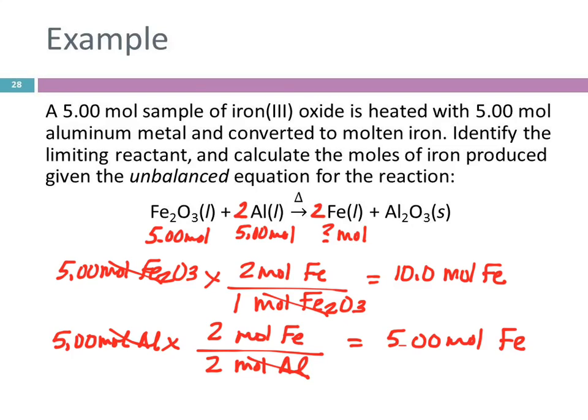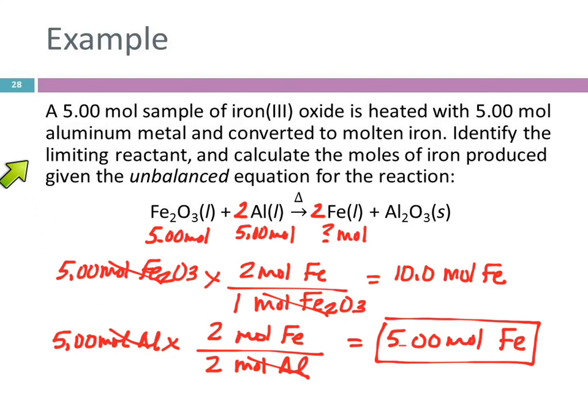How much iron can I make? 5, the smaller one. Because when I get to 5 moles of iron, I run out of something. What do I run out of? Aluminum. So you identify the smaller product, and then you go back to see what started that one, aluminum.